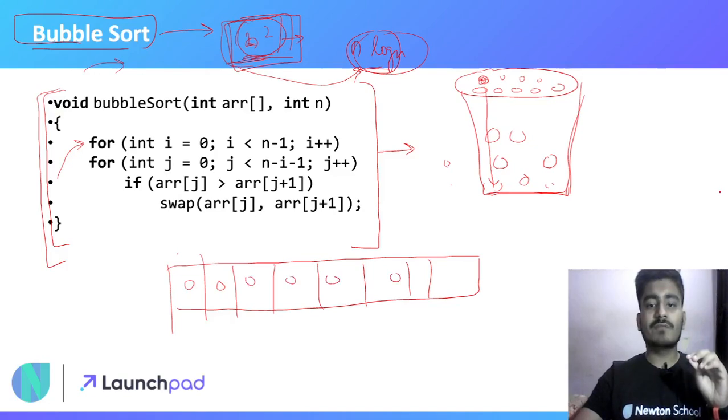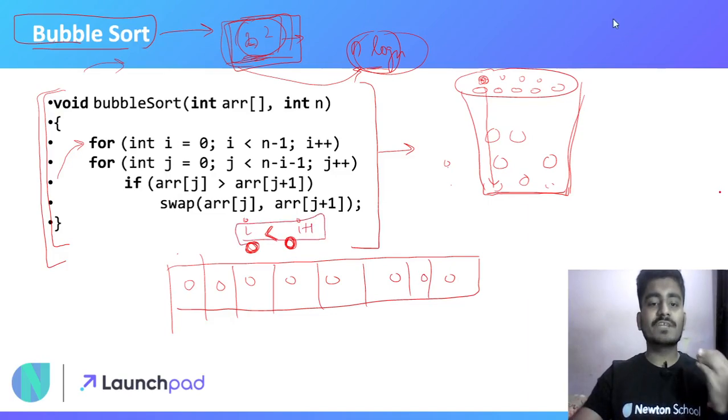Okay, suppose we have some bubbles in it, and we will iterate in this whole array, and for every pair, suppose i and i plus 1, we will compare them. If these pairs are arranged in correct order, that is, the element at ith index is less than the i plus 1th index, then we will not do anything.